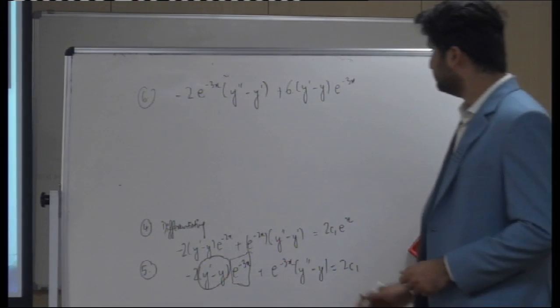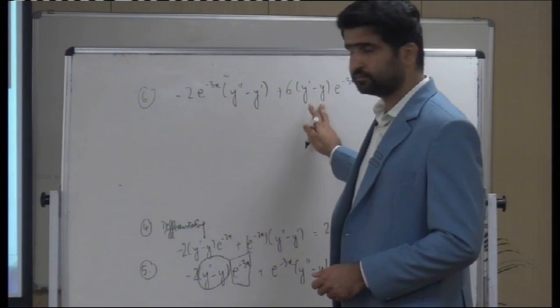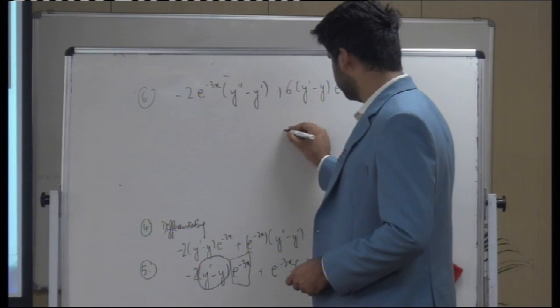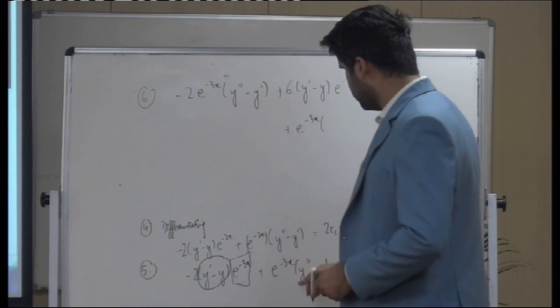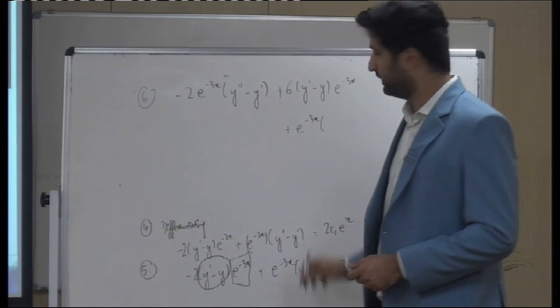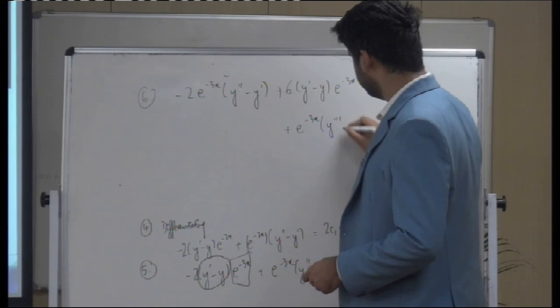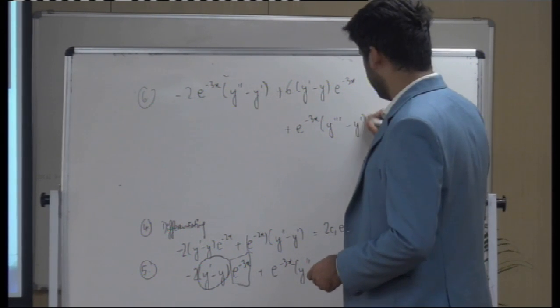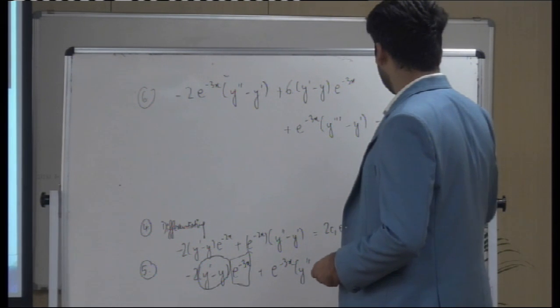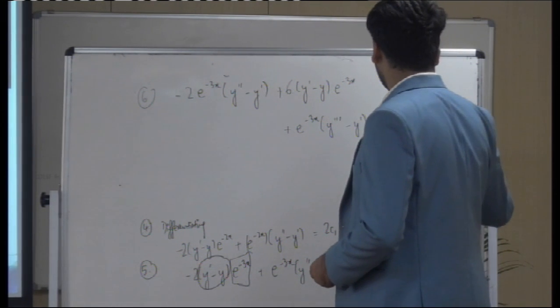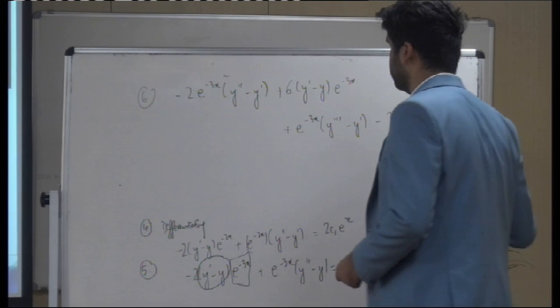Plus e to the power minus 3x. Then this will become the third order derivative. Y triple dash minus y dash minus 3 e to the power minus 3x y double dash minus y.